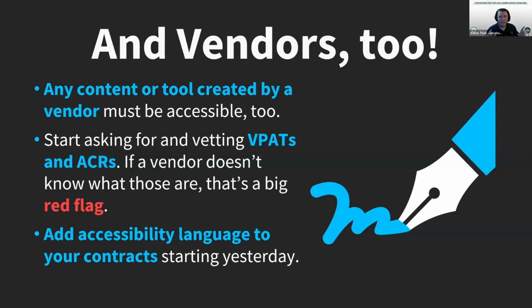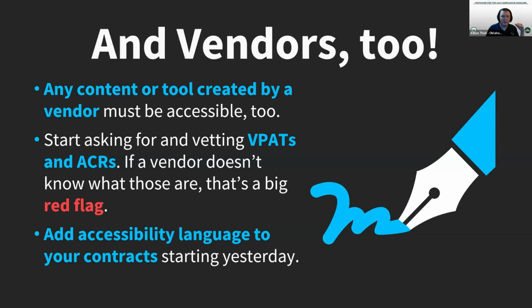A big part of being able to hold vendors accountable is asking for things called VPATs and ACRs. They stand for Voluntary Product Accessibility Template and Accessibility Conformance Report. Big acronyms that just mean it's a document where vendors can self-report the level of accessibility of their product.